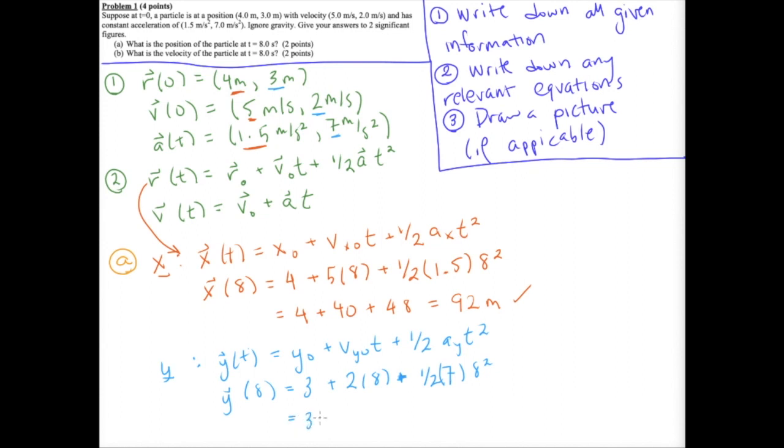So just plugging and chugging here, 3 plus 16 plus 1/2 times 7 times 8 squared equals 224. And then adding all those together, we get 243 meters.